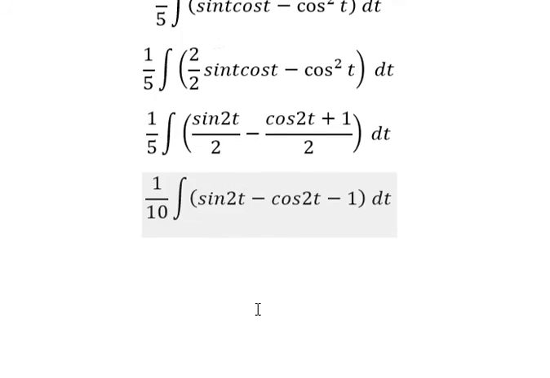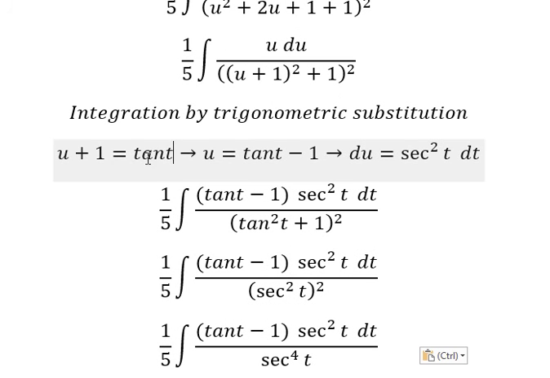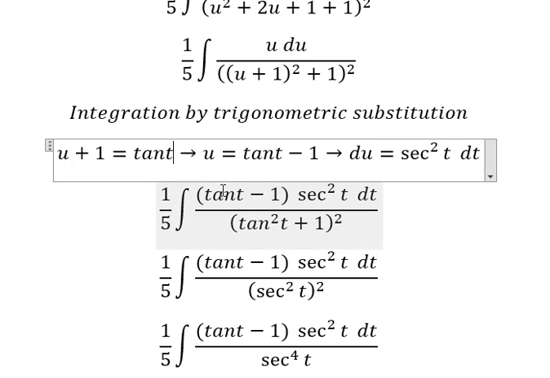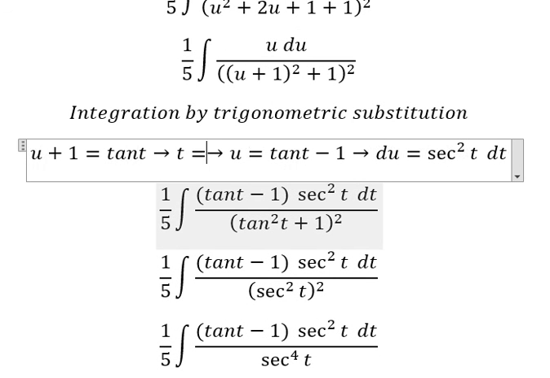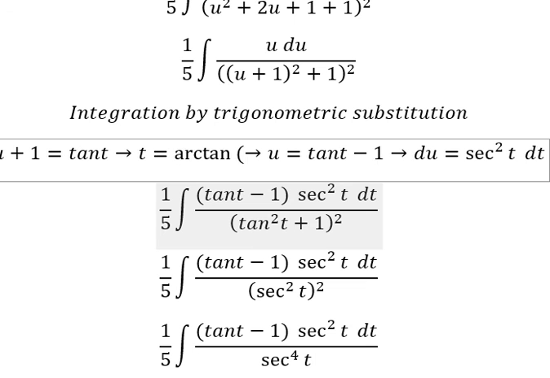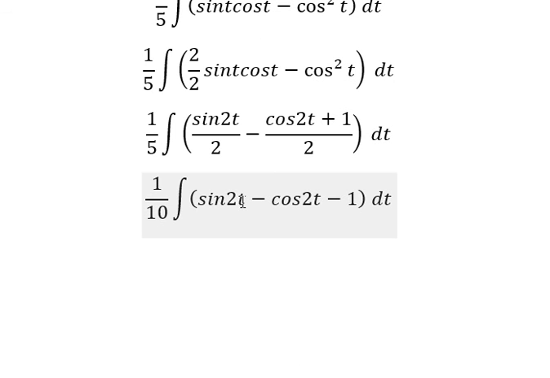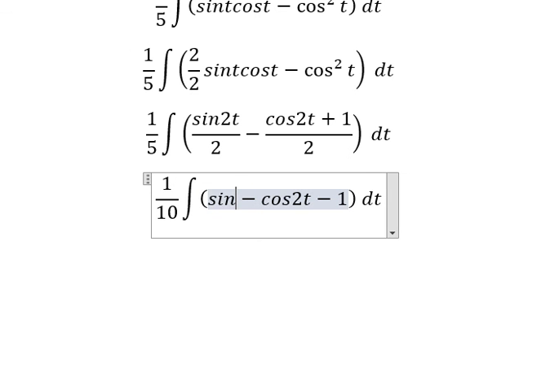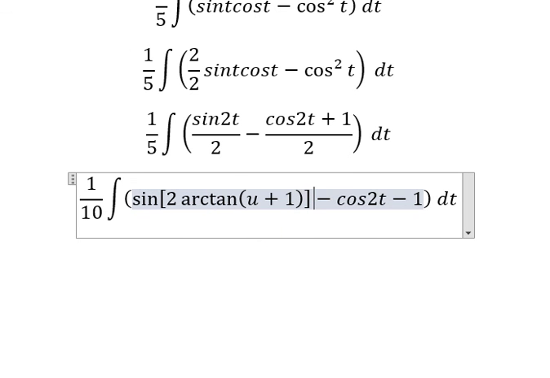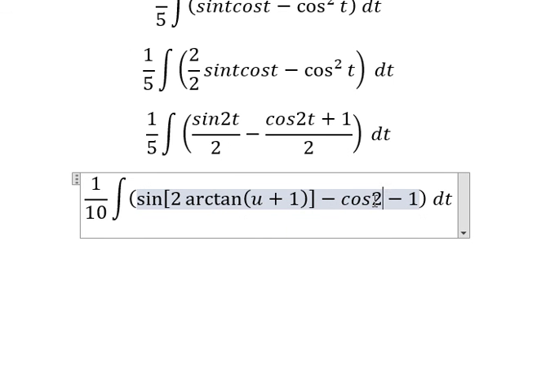About t, we need to return back to this one. And we get t equals arctan of u plus 1. So we put this one to replace t, and t in here.